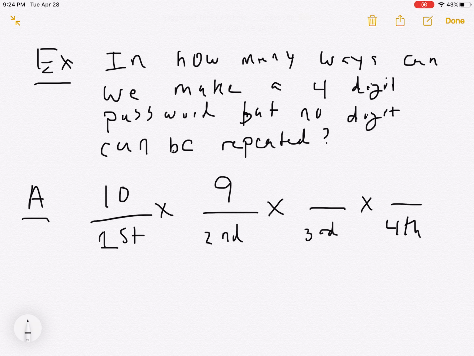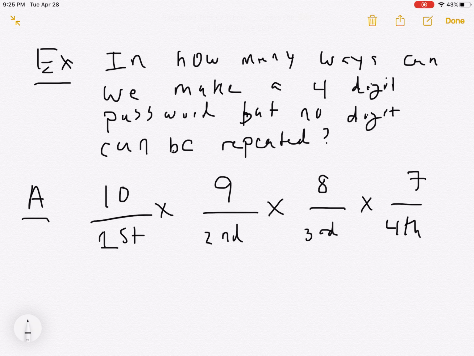When we get to the third digit, we chose one for the first digit and one for the second, so there's now only 8. And by the time we get to the fourth digit, 3 digits have already been chosen, so that's going to be a 7. So that's 10 times 9 times 8 times 7. That's how many ways we can make a 4-digit password with none repeated.